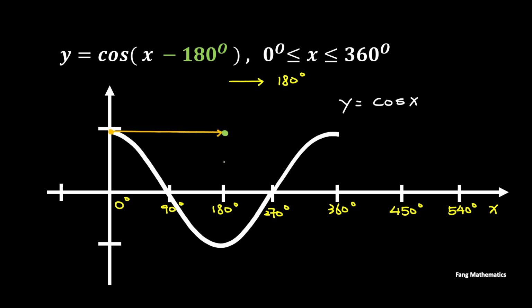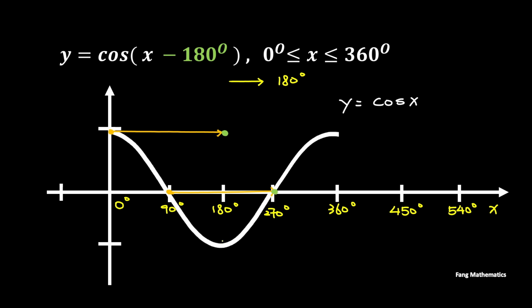And here we are. In a similar way, we look at the x-intercept. It is now at 90 degrees. You add 180 degrees, and I believe that should give you 270 degrees. Now, the second critical point should be here.